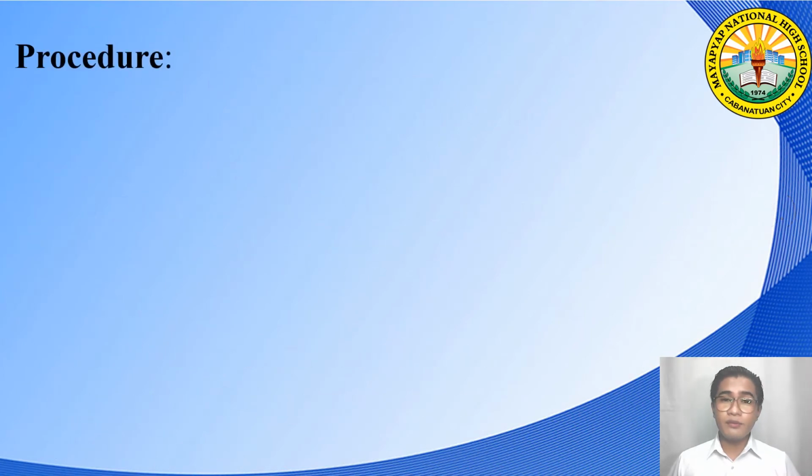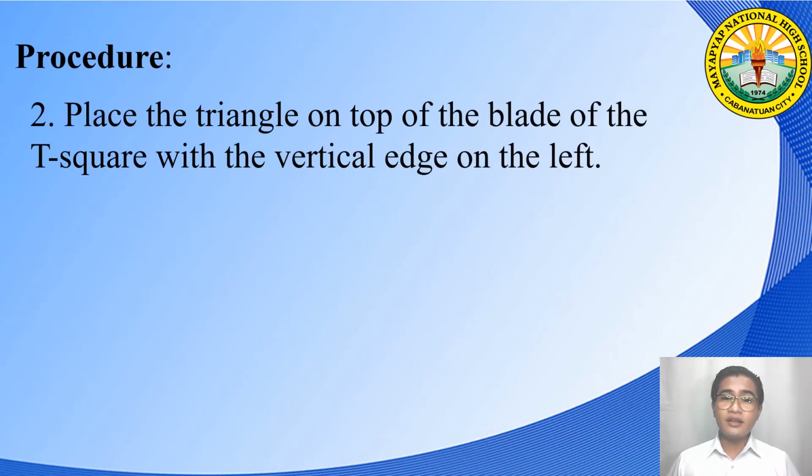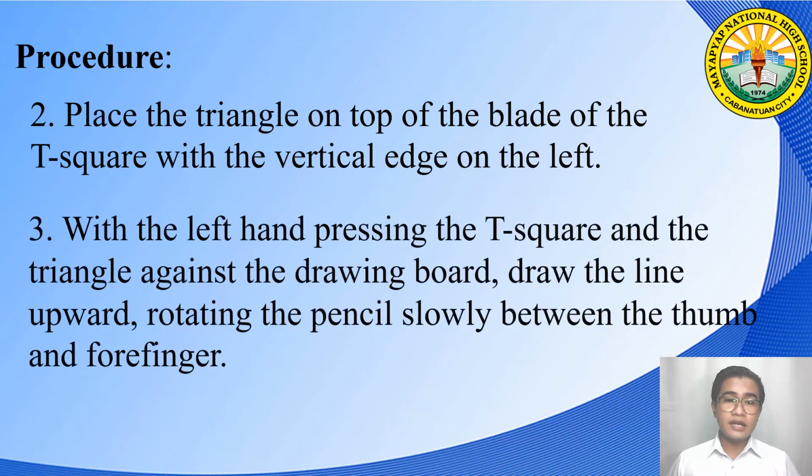Next, procedure number 2, place the triangle on top of the blade of the T-square with the vertical edge on the left. And 3, with the left hand pressing the T-square and the triangle against the drawing board, draw the line upward, rotating the pencil slowly between the thumb and forefinger.